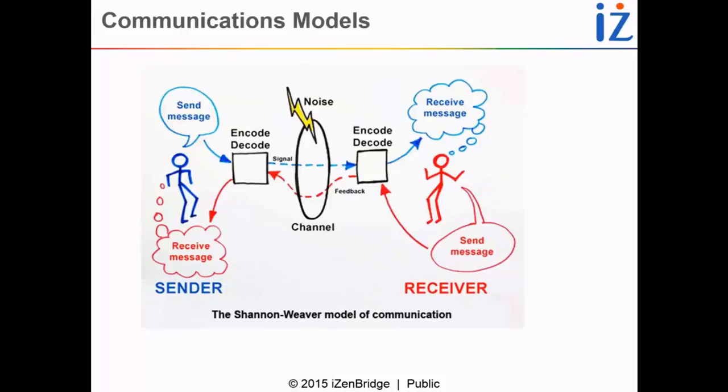So as I already mentioned, it could be telephone, it could be email, it could be text message. So when it's received by the receiver, he will then decode it. So you wrote something, he's reading it, and then he's understanding it. And once he's understood it, then he will give some feedback.